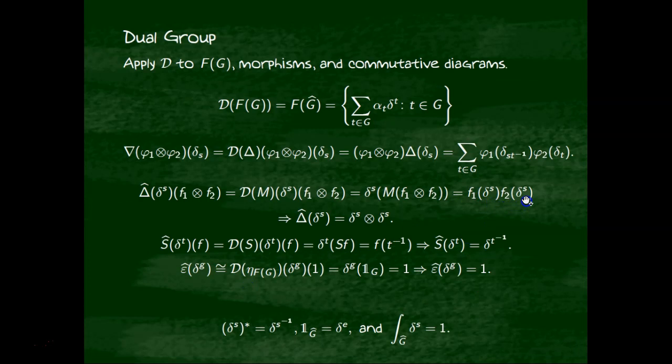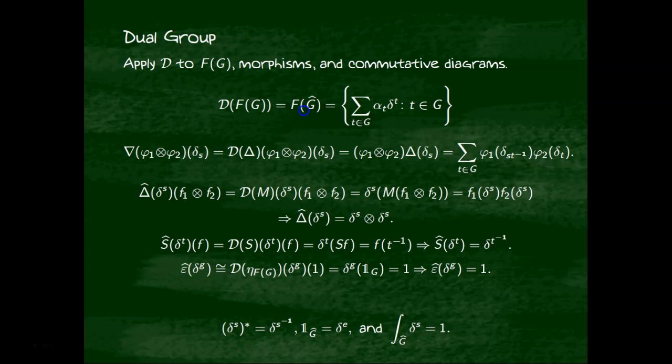Pointwise multiplication. So you go back, this would be the same as just throwing in delta s tensor delta s. So you get this kind of trivial object, but this is the co-multiplication in the algebra of functions on the dual group. It is okay to be a little bit confused here, but this is doing this properly.